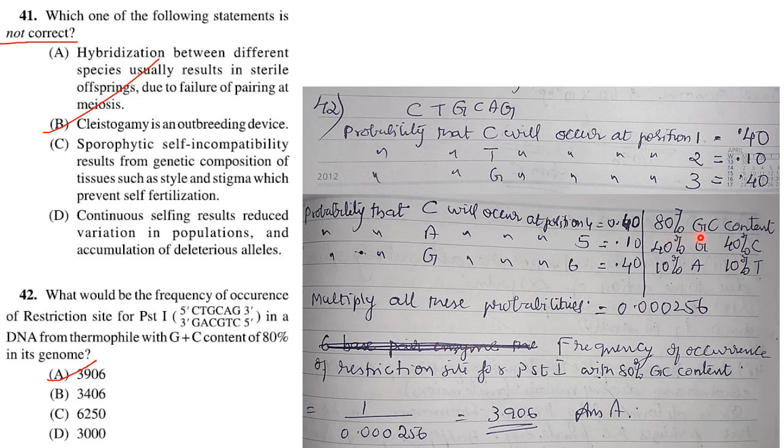So 80% GC content means 40% will be G, 40% will be C, 10% will be A and 10% will be T. Now probability that C will occur at position 1 is 0.4 or 40 by 100 because C is only 40%. Probability that T will occur at position 2 is 0.1 or 10 divided by 100.